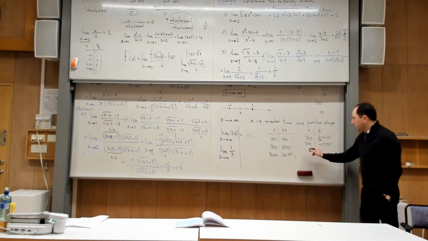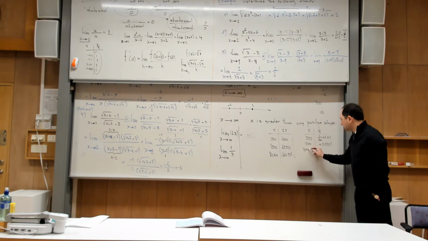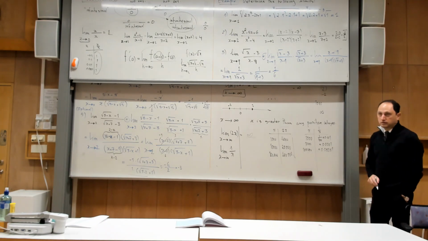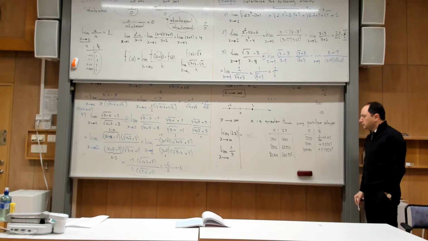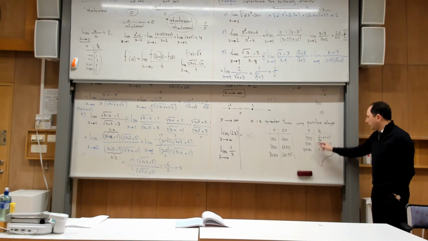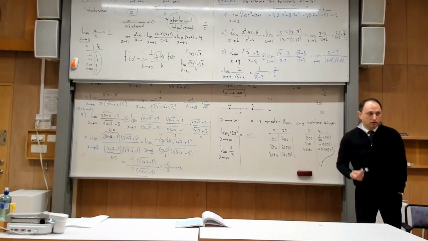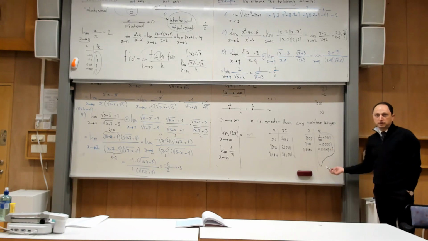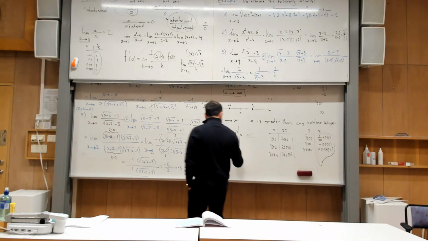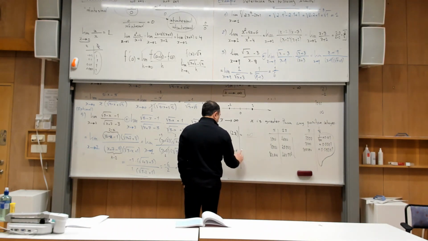And if I make it 100,000, it becomes 0.00001. Now I ask you the same question: do you feel that these numbers are gathering around a particular number? In this case, what is that number? 0. So I would say that the limit of this is equal to 0.